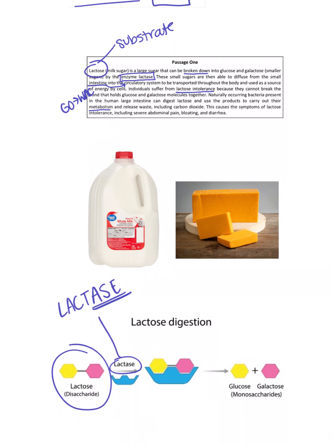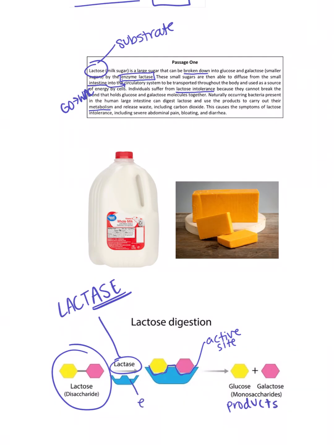It can't break down anything else in the digestive system because it's specific to lactose. So then we know what happens is they bind together at the active site, and then we get our products.